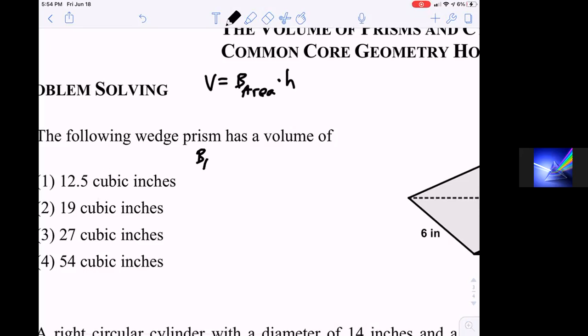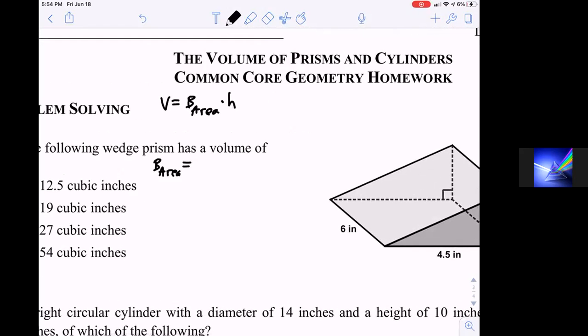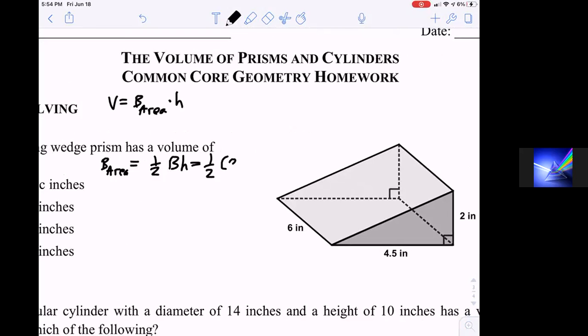So base area is going to be that of a triangle, which is 1/2 the actual base times the height of the triangle, which, as you can see in the problem, is 1/2 times 2 times 4.5. Now the 1/2 and the 2 cancel, which means the area of the base is 4.5 square inches.